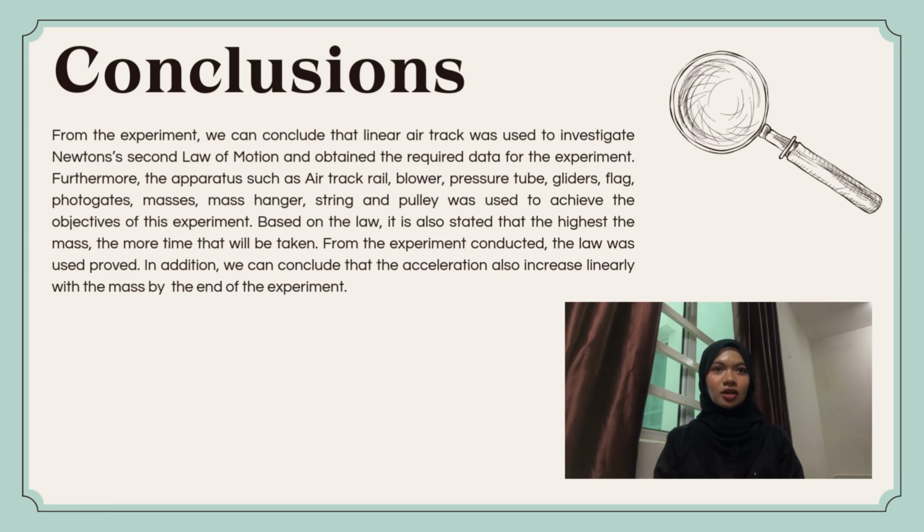Based on the law, it is also stated that the higher the mass, the more time that will be taken. From the experiment conducted, the law was proven. In addition, we can conclude that the acceleration also increased linearly with the mass by the end of this experiment.